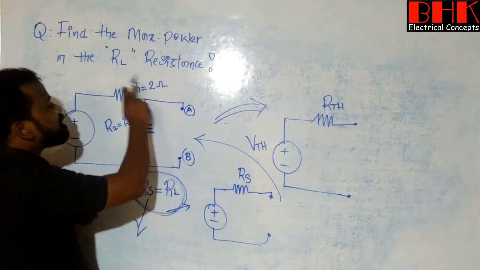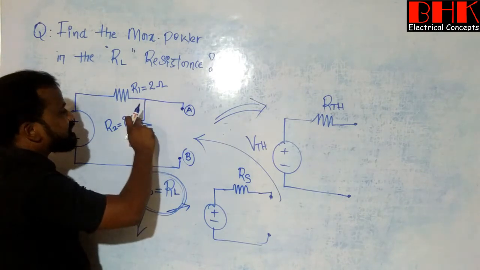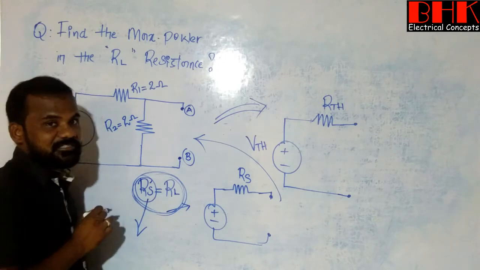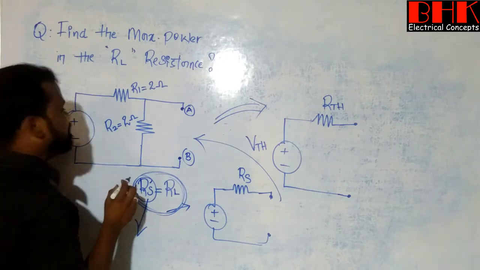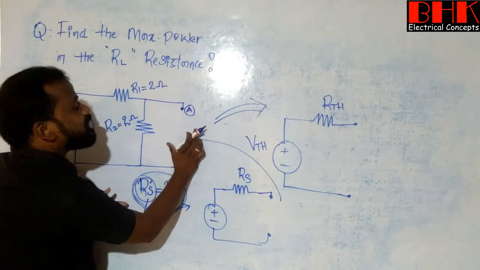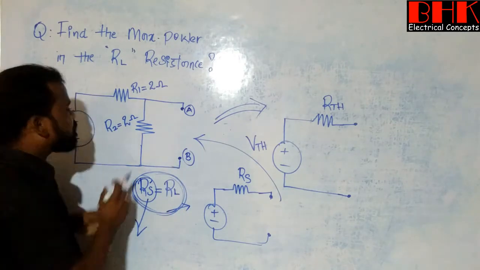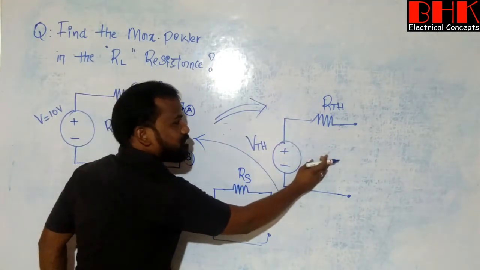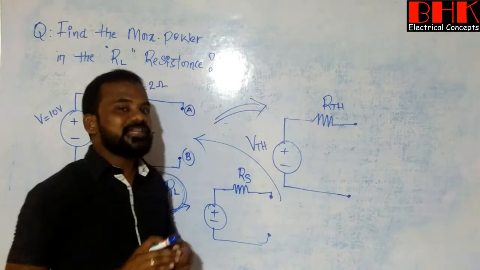If I find the equivalent of these two resistances, there is a possibility to calculate the source resistance, because this circuit and this circuit look the same after removing the load resistance. So to get this equivalent circuit, I want to use Thevenin's theorem.